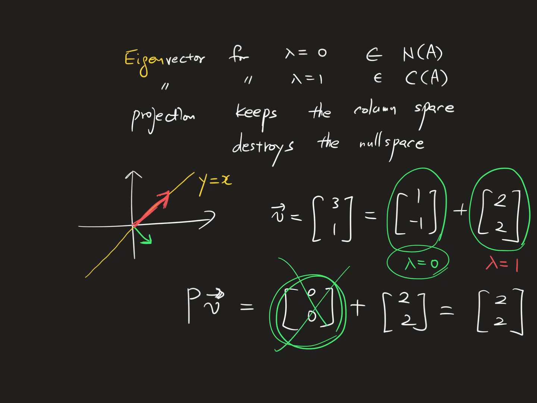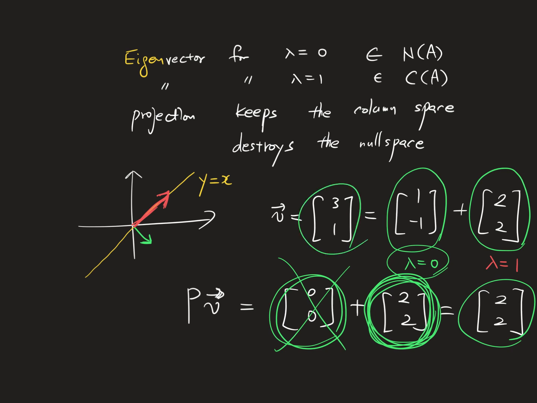But this direction is preserved because this one is just the lambda equal to 1 component. So that's why it stayed the same. So we have 2, 2 after projection of 3, 1.